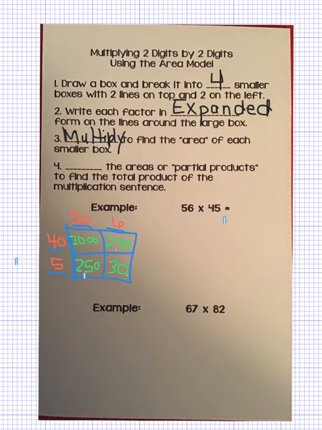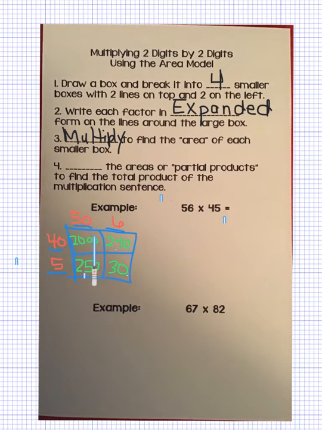Step 4, and the last step, says add the areas or partial products to find the total product of the multiplication sentence. Partial means a piece of. Product is the answer to a multiplication sentence. So I multiplied 50 times 40 to get 2,000.